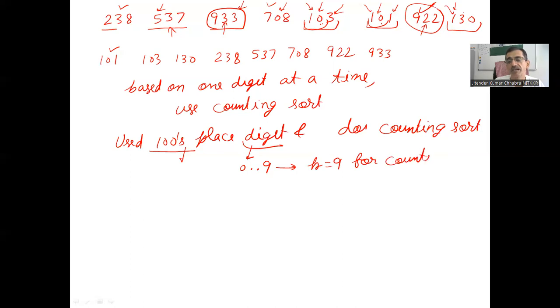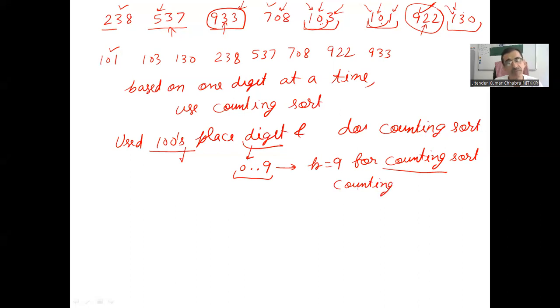At a time, I need only 0 to 9 as 10 values, and for counting sort, k tells the total range of the values. So at a time, one digit is being considered, so counting sort will be using 0 to 9.